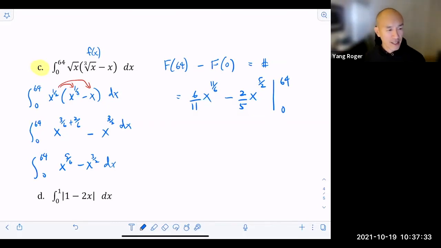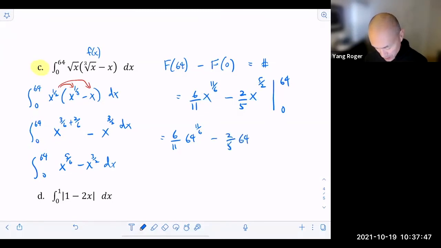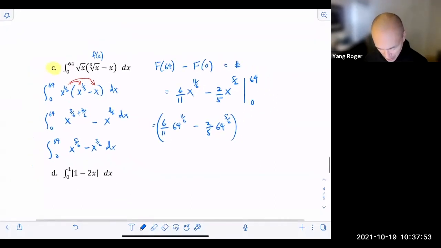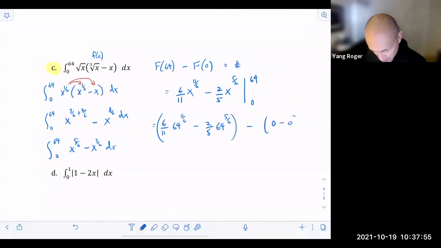And then we're going to plug in those numbers. So you're going to get 6/11, 64 to the 11/6, sorry, minus 2/5 times 64 to the 5/2. That's the first thing when you plug in the 64. And then you're going to get minus 0 for the second term.